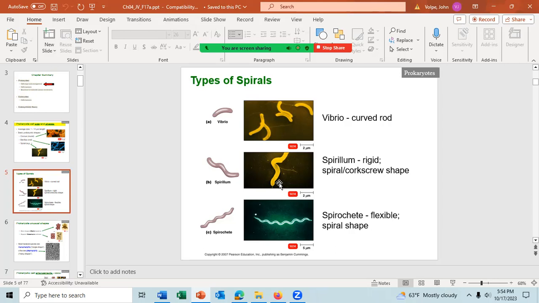For example, the spiral does not usually come on itself, so we'll have to make this like a spiral, something like that. It does not usually go like that on itself. The spirochete can. Usually it's in this type of shape, but it can bend on itself and be like that. And I'll actually show you a little video of a spirochete that did that during the video. Any question about that?